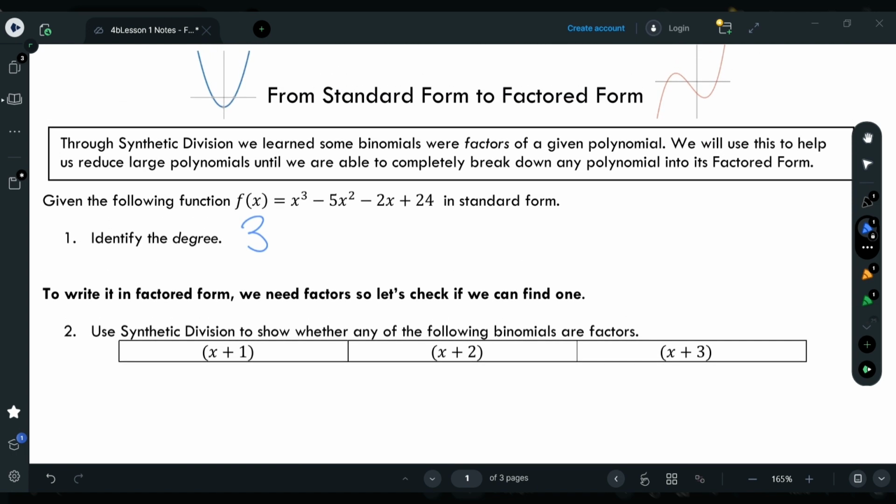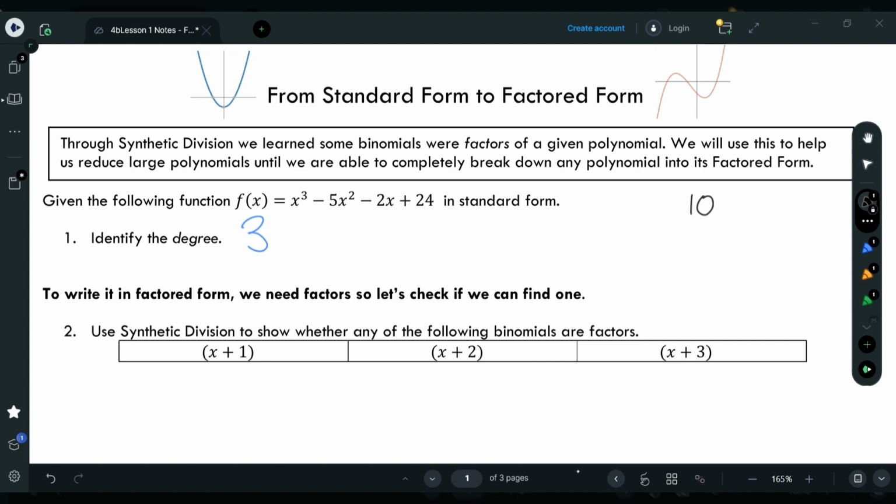And just to give you another example, because we'll kind of come back to this, let's just do a simpler example. Let's say we had a number, like the number 10, and we wanted to write it in factored form. Well, if we know a factor, say for example, 2. Is 2 a factor of 10? Yes, it is.